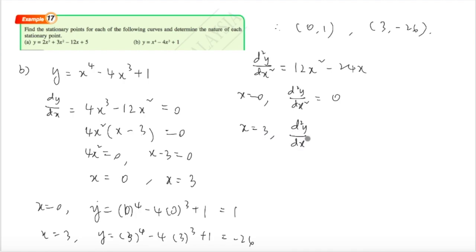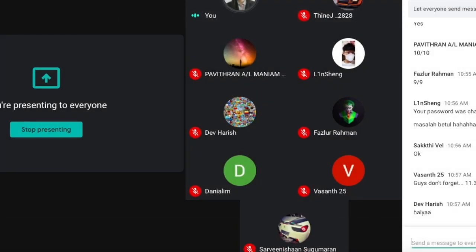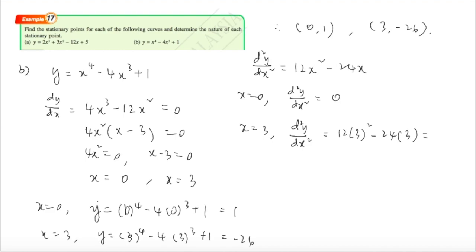Okay, when x equals 3, d2y/dx2 is 12 times 3 squared minus 24 times 3. We substitute 3 here.